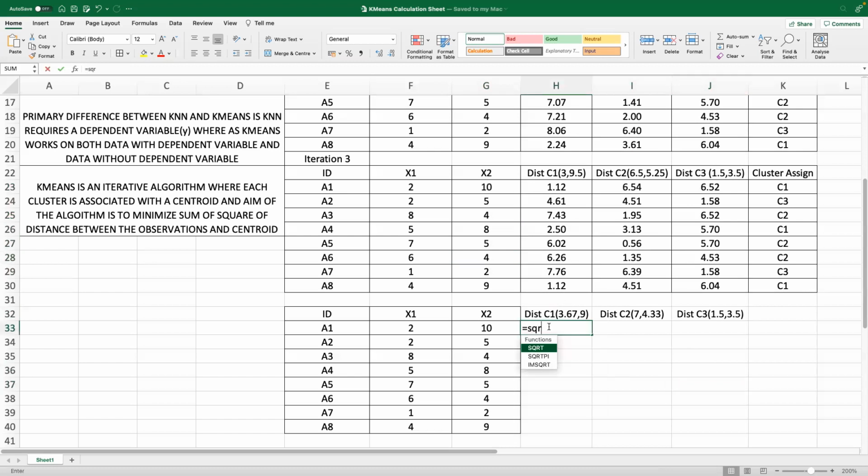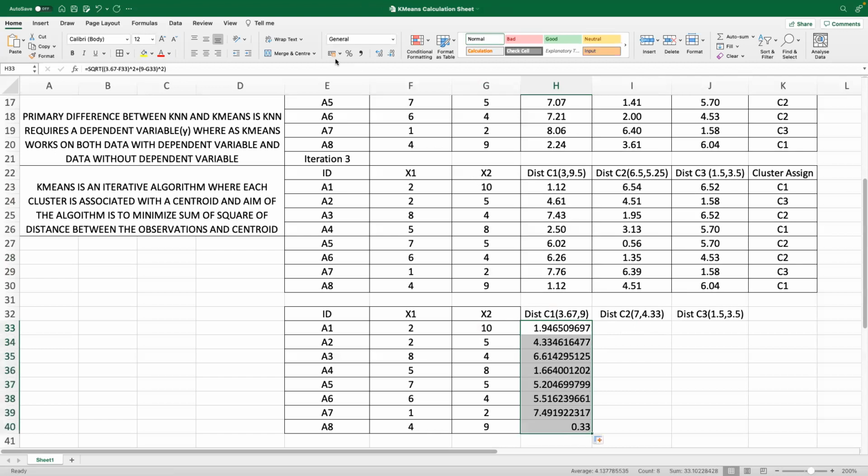So equal to SQRT, open two brackets, 3.67 minus 2 to the power of 2, plus open bracket 9 minus 10 to the power of 2, close bracket. And the formula down, 2 decimals.